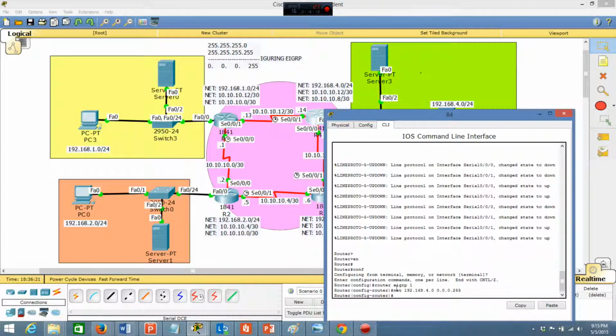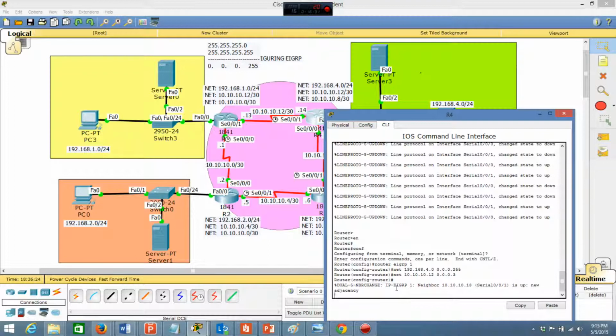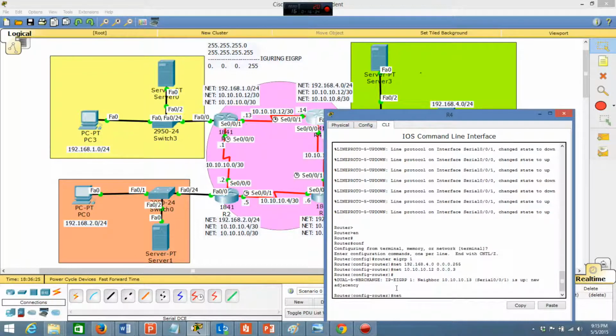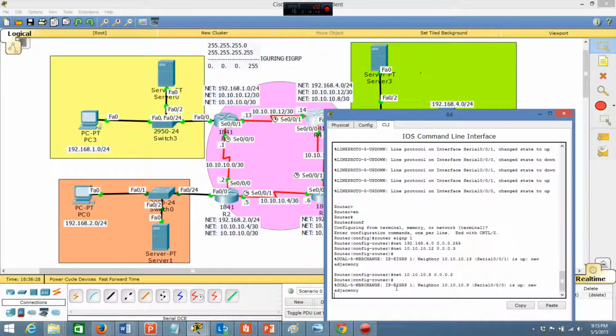You do enter. Network 10.10.10.12 0.0.0.3. Okay, now we also have an adjacency. Network 10.10.10.8 0.0.0.3. You do enter. Also an adjacency.